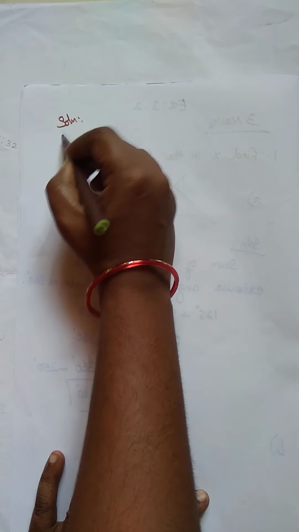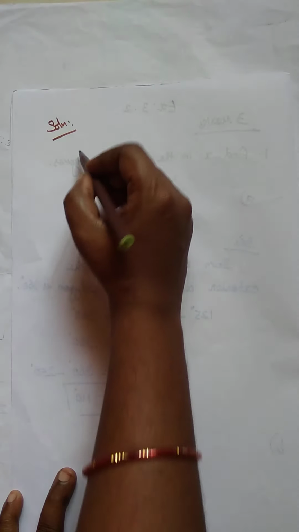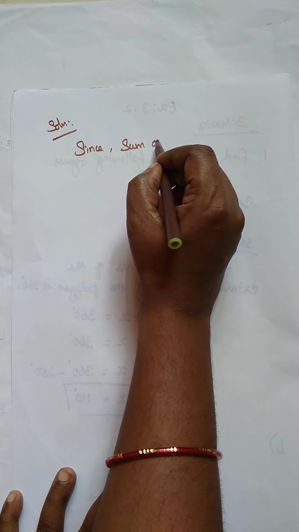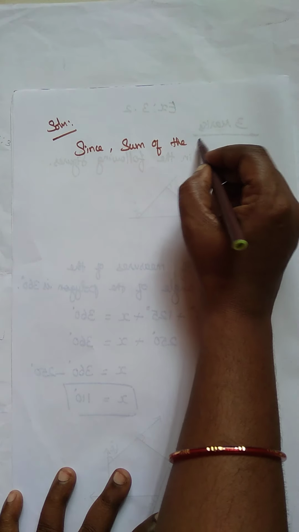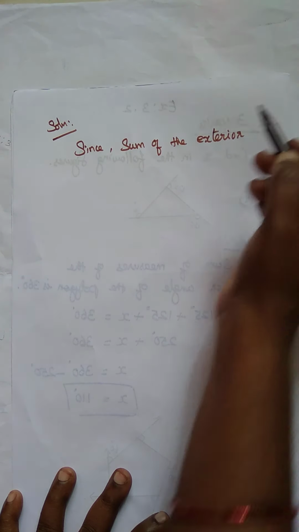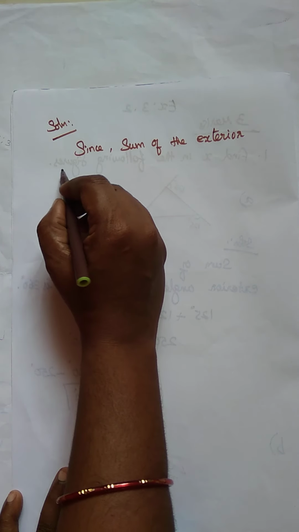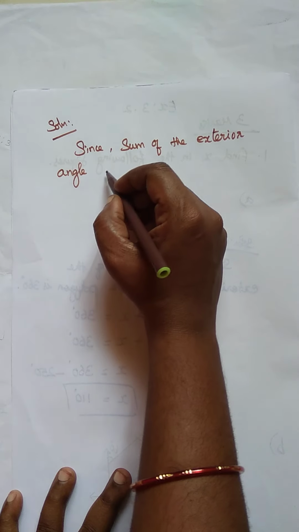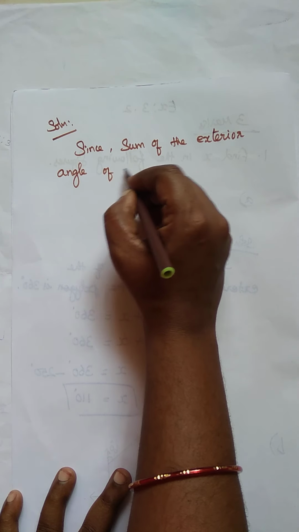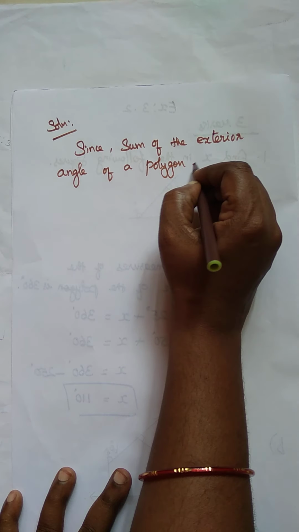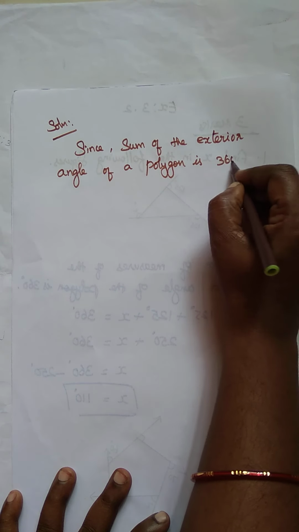Since the sum of the exterior angles of a polygon is 360 degree.